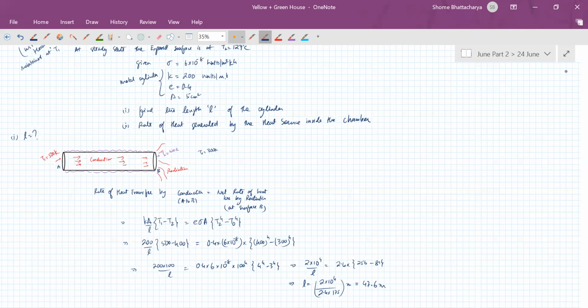Yeah, now work out the second part, the rate of heat generated. So this rate, which is the rate of conduction, which is ultimately the rate at which the heat is getting dissipated by radiation, this only is the rate of heat generation inside the thermal chamber.